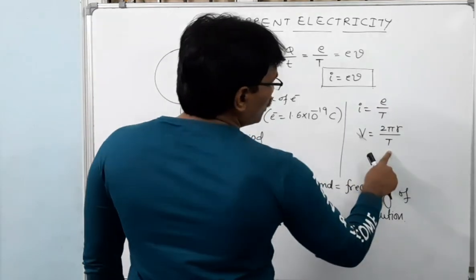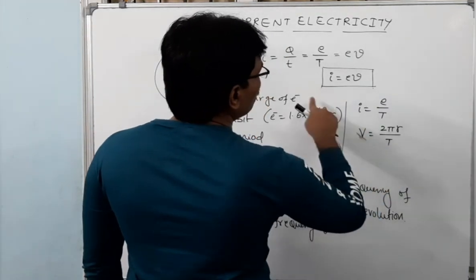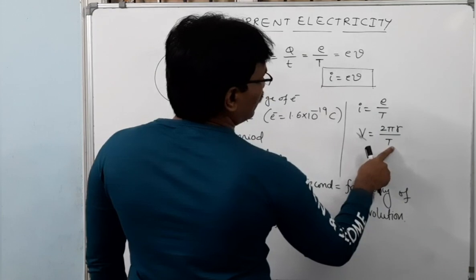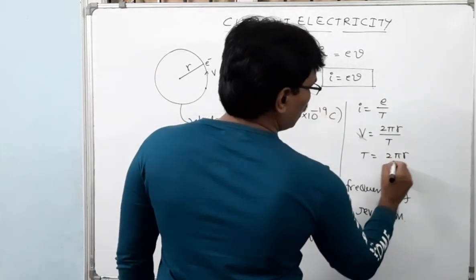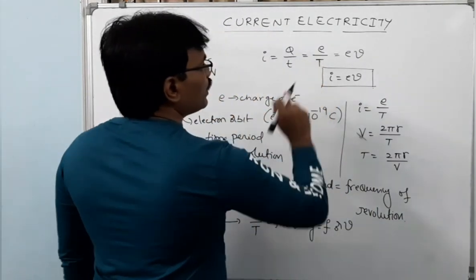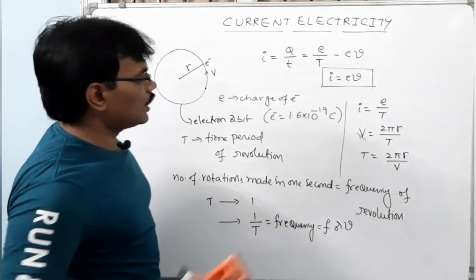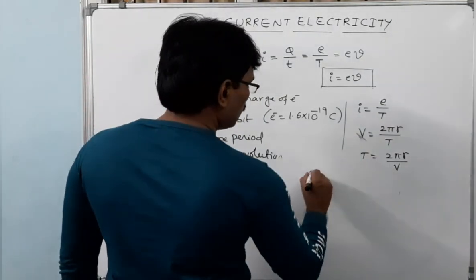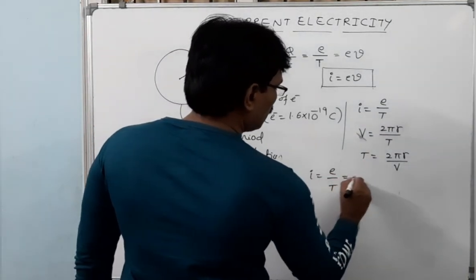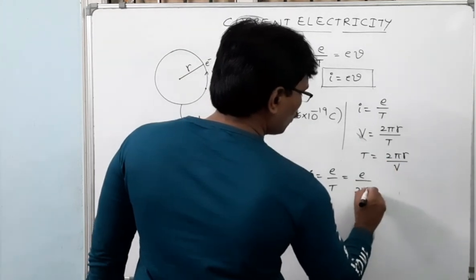Okay, right. So that means, in place of this 1 by t, I can write t is equal to 2 pi r upon speed v. So now in place of this t, I can substitute this equation, and finally I can get that electrical current I is equal to e upon T, which means e times v divided by 2 pi r.